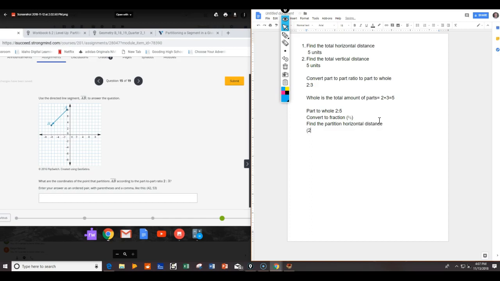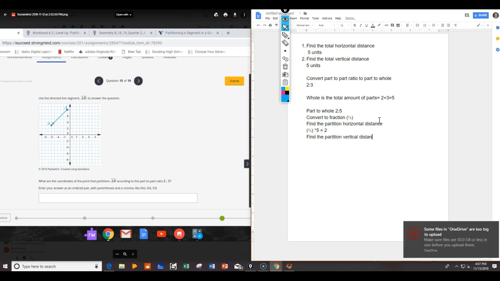We would do that by doing 2/5 times 5, and that reduces down to 2. And then we would find the partition vertical distance by taking our part-to-whole fraction, which is 2/5, times 5, because that's our vertical distance, and that equals 2.